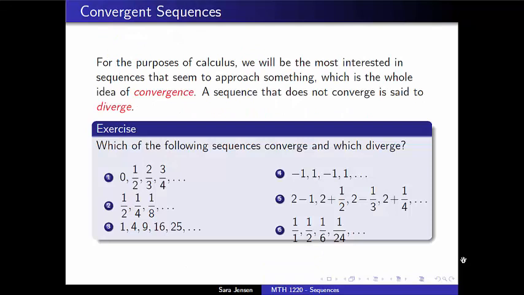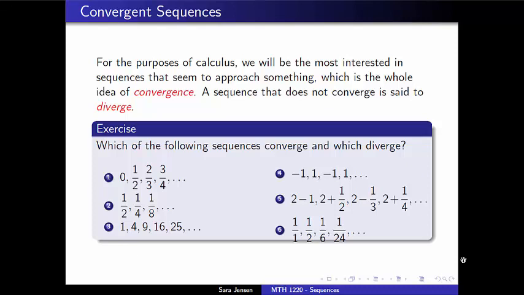Now, the very next topic we're going to get into regarding sequences of numbers are convergent sequences and divergent sequences. Recall that we're really only interested in sequences of numbers that have a very predictable pattern. There's one step further in terms of level of interest for us. We will often only be interested in sequences that converge.